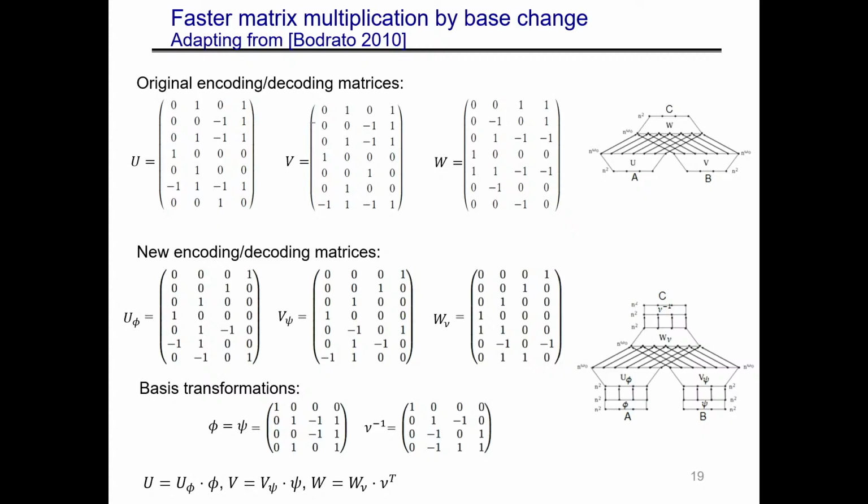So you take U and you express it as a U phi times phi matrix, where you want the U phi matrix to be as sparse as possible, and you don't care about the sparsity of phi, of the basis transformation. Again, you take U, you decompose it to a sparse matrix by invertible matrix. And you do the same for V and W.